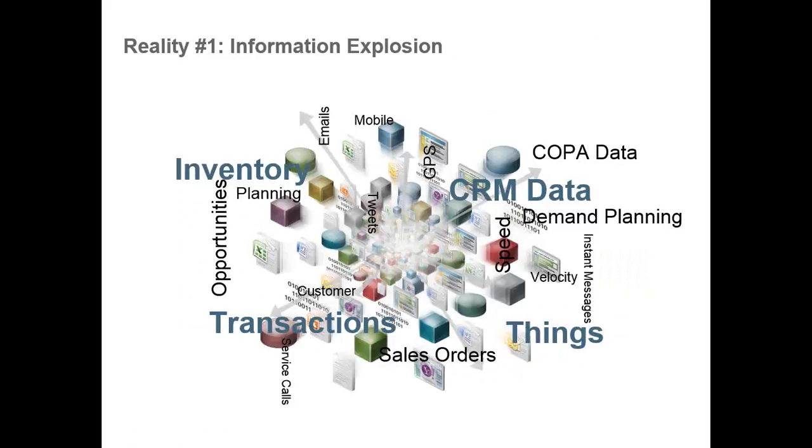Just imagine if a Google search took half an hour, how frustrating that would be. The business user expects the same thing. As per the theory, every 18 months the information is doubling. If information is doubling, how are we going to provide it?